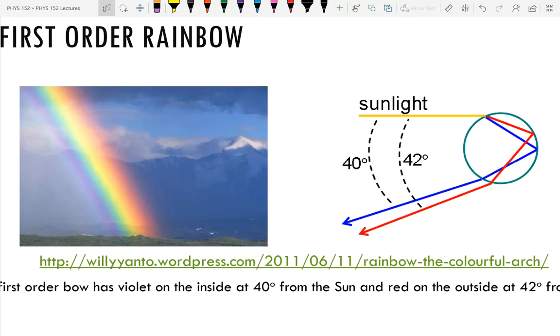Now, what is that angle between? That's between the incident sunlight and the exit light from the water droplets. So you have a whole bank of water droplets. If you look at the lower ones, you're going to be seeing the blue. You look at the higher ones, you're going to be seeing the red. Why does it form a circle? Rainbows are arcs.